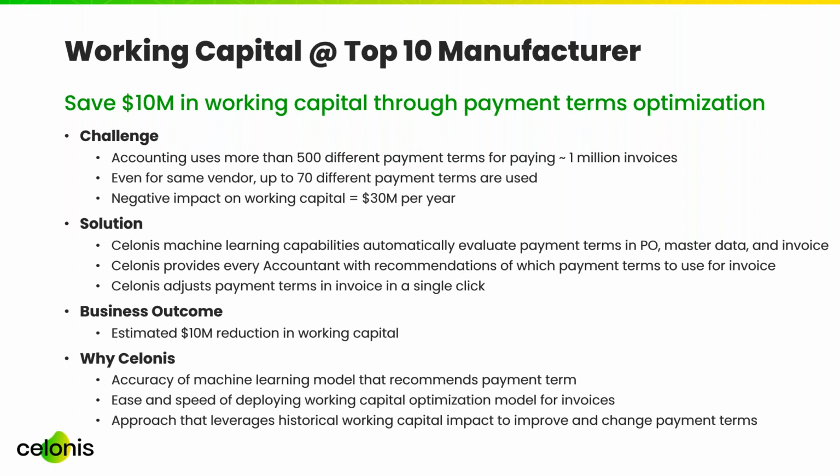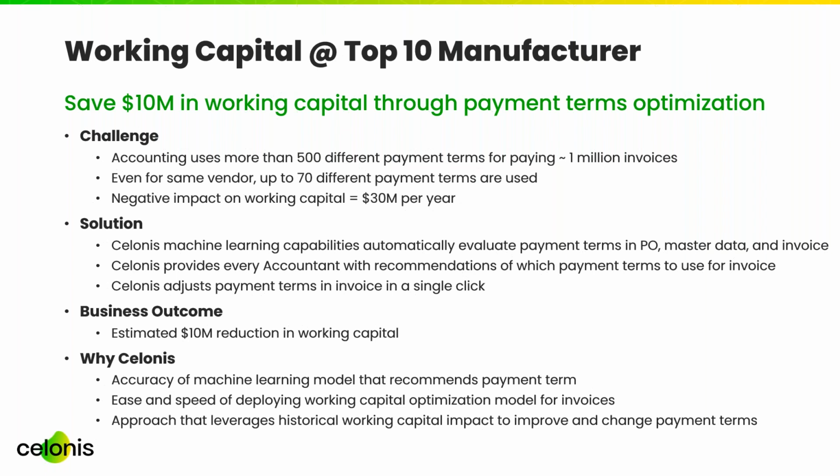So it's really a huge use case that we want to tackle here, and which applies to a couple of customers to my mind. How does the solution approach look like? In this example, we implemented a machine learning algorithm. It's actually a rather simple one, so you can use it as well, that automatically compares for each single invoice the payment terms on the invoice, on the corresponding purchase order, and on the master data or a supplier contract that is in place for this particular vendor.